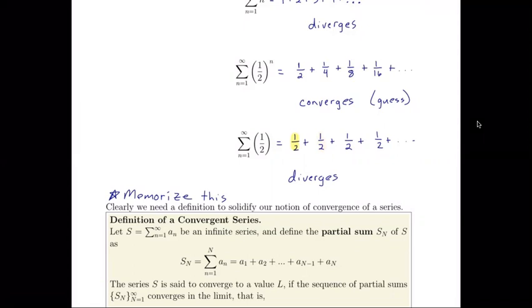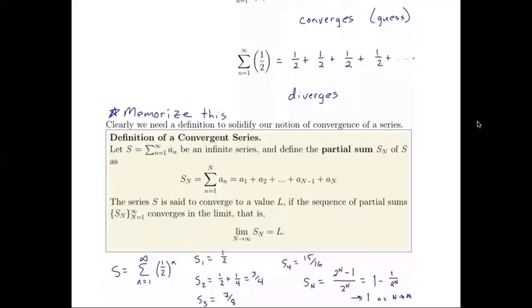The second partial sum is 1/2 plus 1/2, so that's 1. Add a half for the third partial sum, 1.5. 2 at the fourth partial sum, 2.5 for the fifth, and so on. Okay, so it looks like this one just runs off to infinity, and in fact it does. If we add up infinitely many 1/2s, then we're going to have an arbitrarily large number.